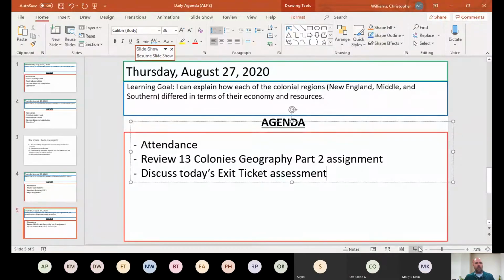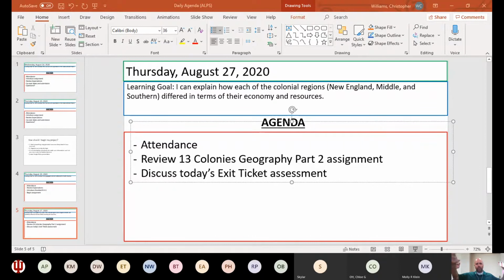Our learning goal is what we're trying to accomplish here: that I, meaning you, the student, can explain how each of the colonial regions, New England, Middle, and Southern, differed in terms of their economy and resources. In other words, what we talked about last week and on Tuesday is the fact that we have three groups of colonies.